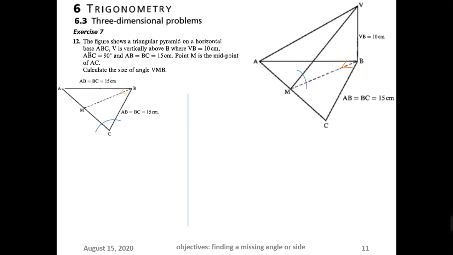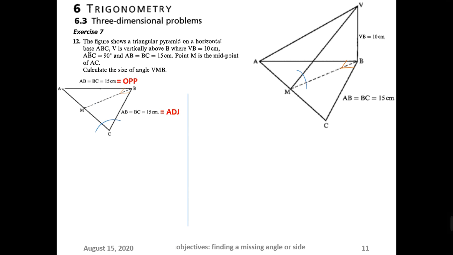Based on the unknown angle, this is the opposite side and this is the adjacent side, which makes AC the hypotenuse because it is right across the right angle.